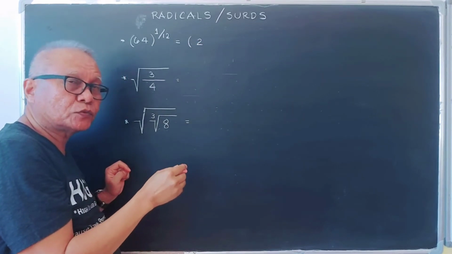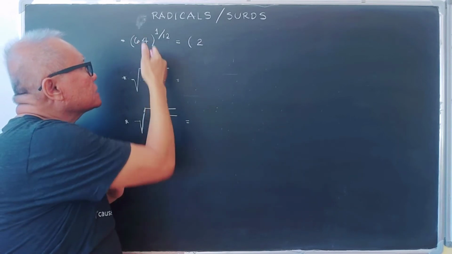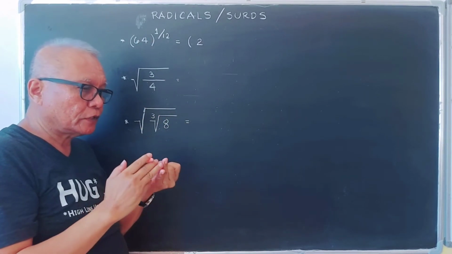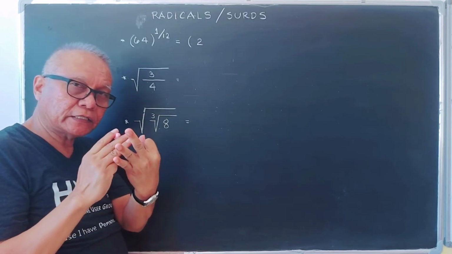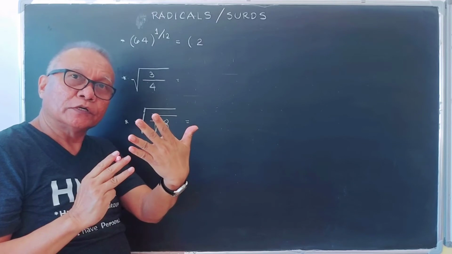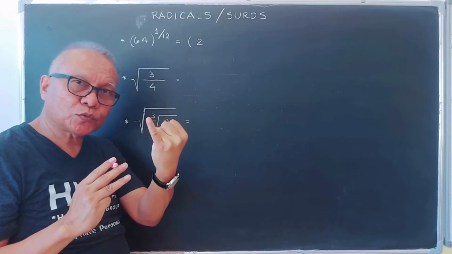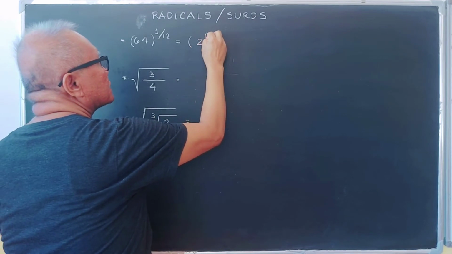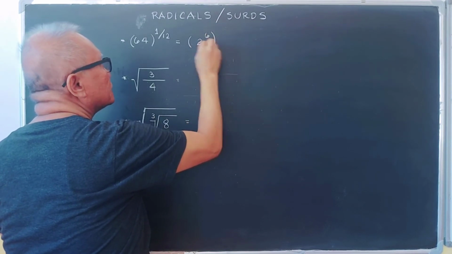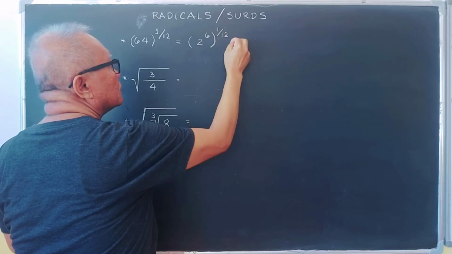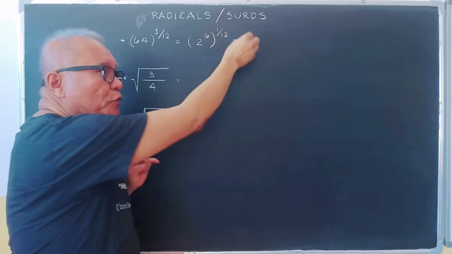The base is 2 raised to what to get the 64? So you have 2 times 2, 4 times 2, 8 times 2, 16 times 2, 32 times 2 is 64. So this one is 6, and then raised to the 1 over 12. And what do we do with exponent to exponent?